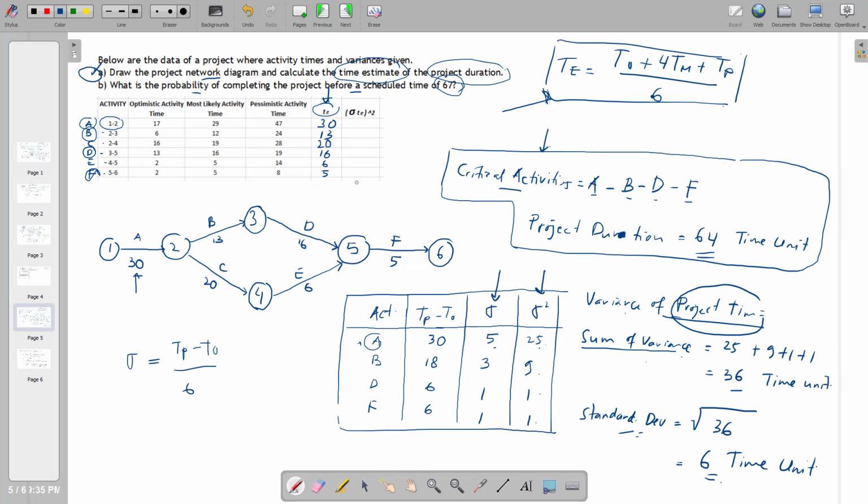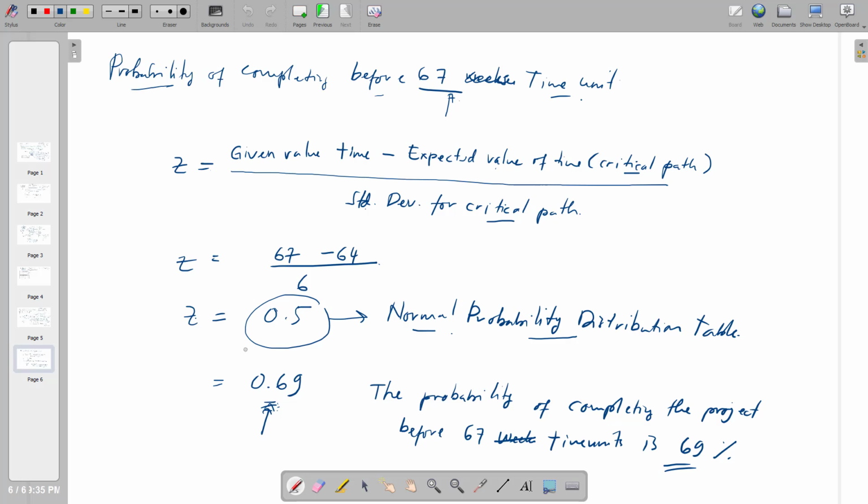The value of z could be positive or negative, but regardless, you have to refer back to the normal probability distribution table. You get the value, and this is the percentage, the probability of the completion of the project. Only that for this part.